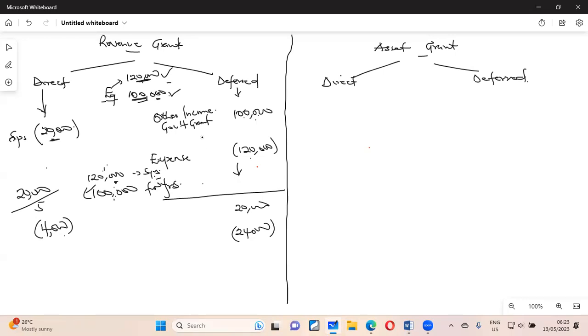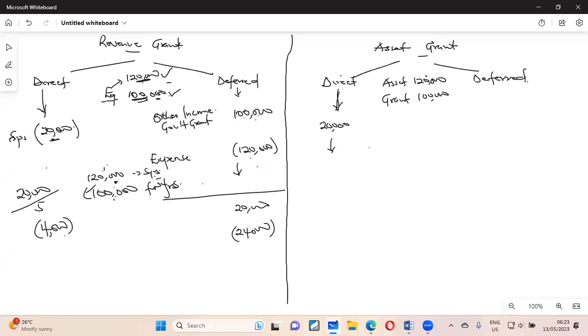But you see, it's easier because there is no depreciation in this one. Take the same example: you are going to spend 120,000 on an asset, and the government gave you a grant of 100,000, but this one is an asset. The direct people will say that I actually spent 20,000, so they will record the asset at 20,000 in their books instead of an expense.